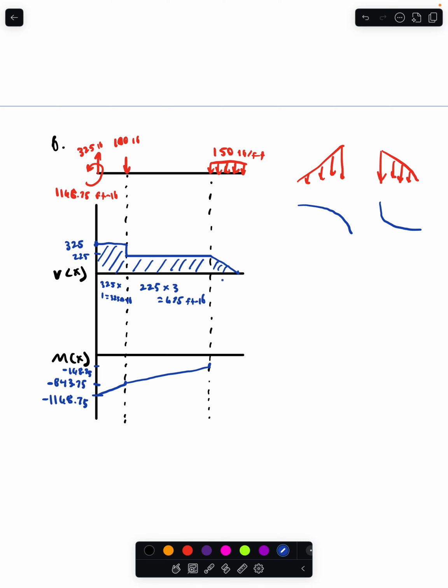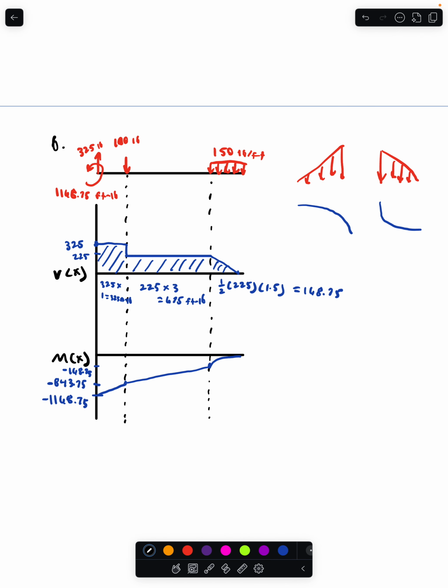And now at the end, we're going to have 1/2 times 225 times 1.5, which is 168.75, which again is what we want to see because we should be at 0 at the end. And this is not flat, it's at an angle, so the integral of that is going to rise rapidly. It's going to be a curve, but then it's going to taper off at the end.